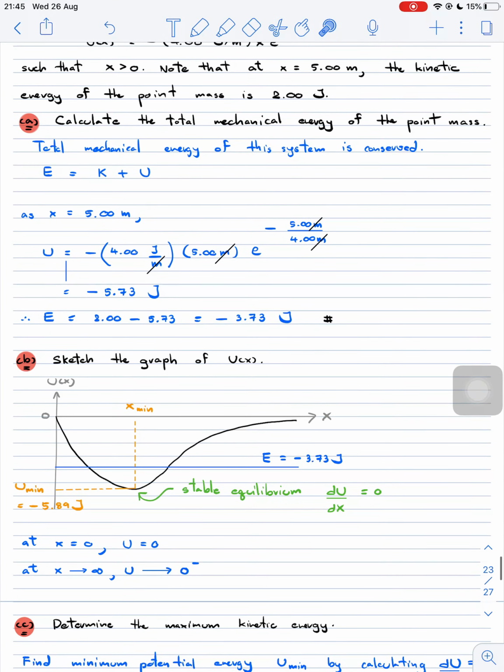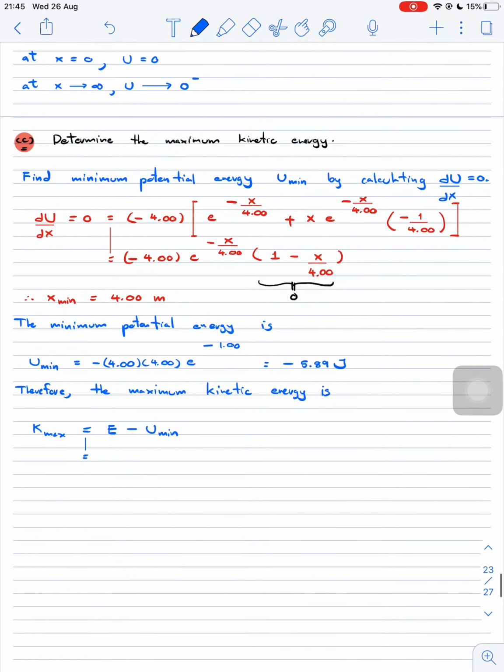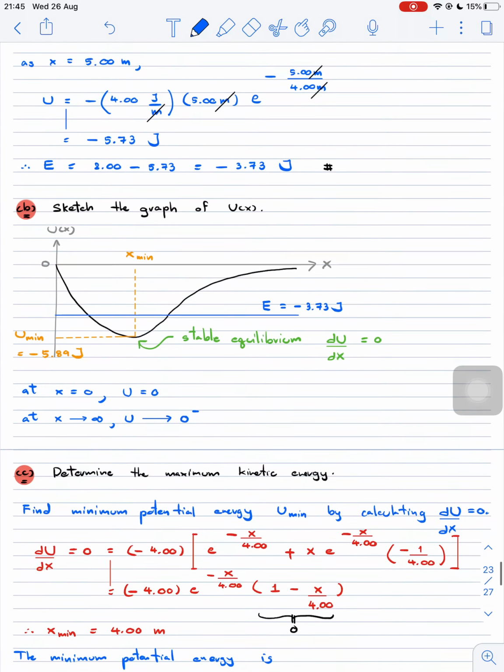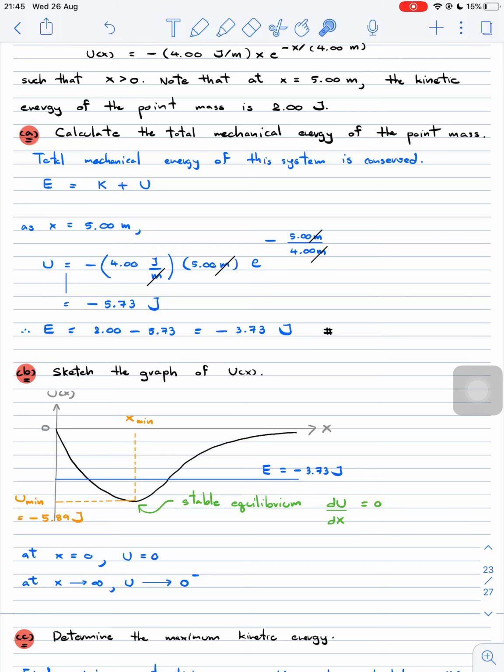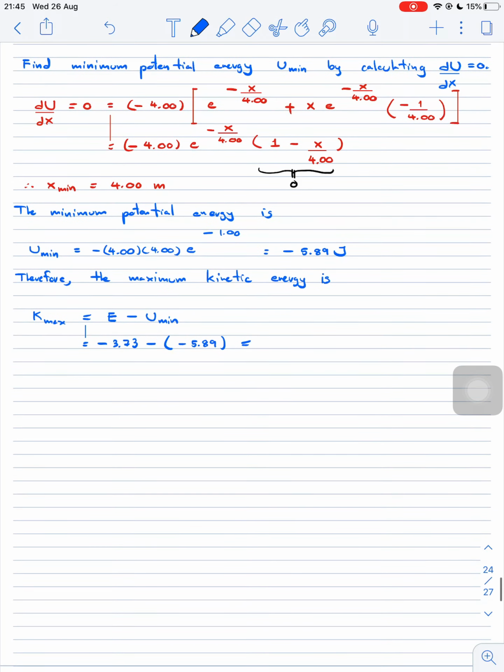We said that E equals K plus U, so it means that K must be equal to E minus U. So we have E minus U min, which is equal to, E is negative 3.73 joules, minus, for U min, negative 5.89 joules, which is equal to 2.16 joules, and this is the answer.